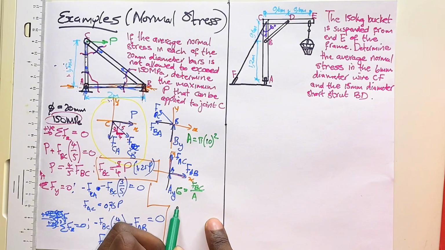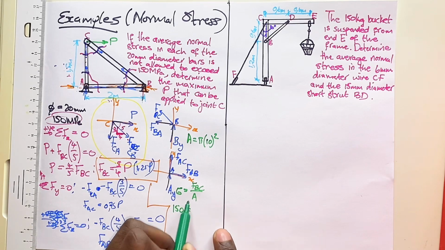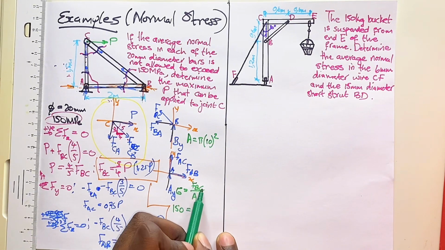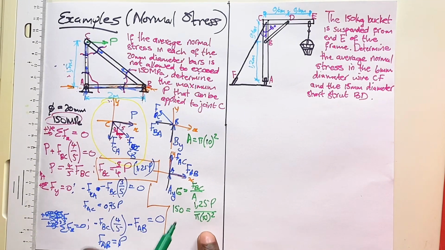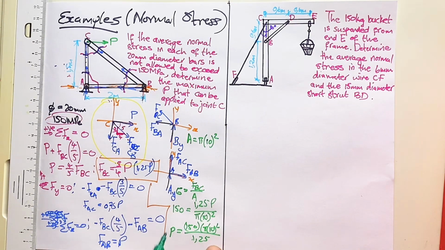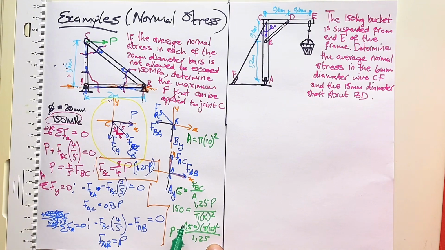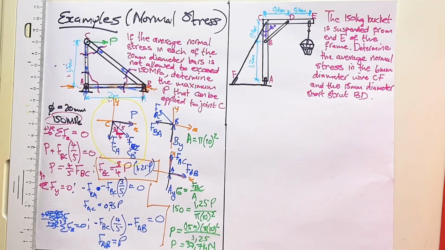Now, we know that our stress is 150 equal to the force in FBC, 1.25 P, over the area, which is pi times 10 squared. Now we are looking for P. We just have to multiply 150 by pi times 10 squared divided by 1.25. Now, if you calculate this, you will find out that your force is equal to 37.7 kilonewton.